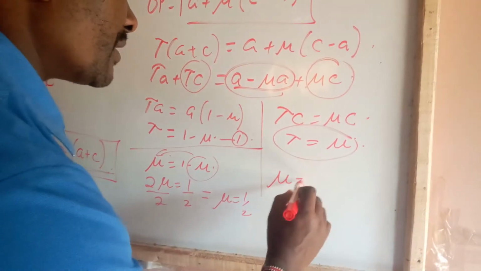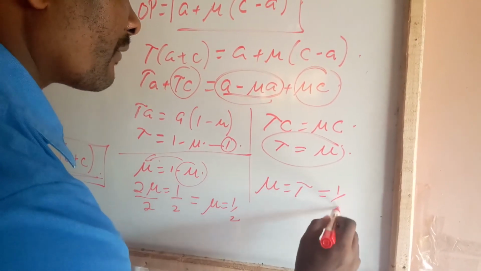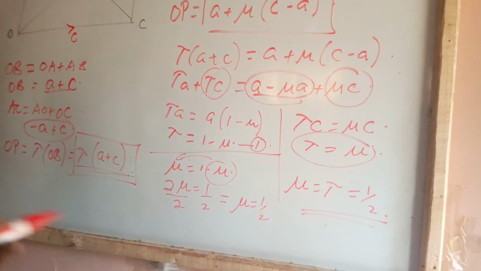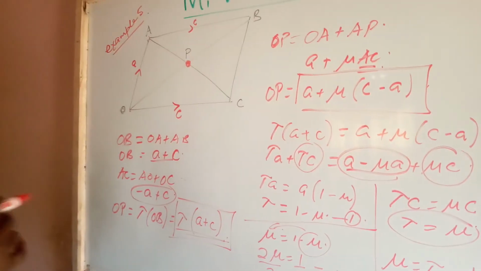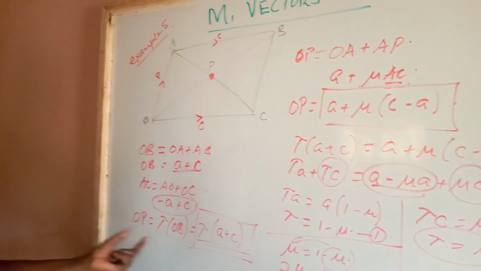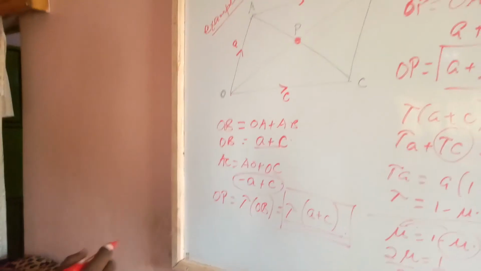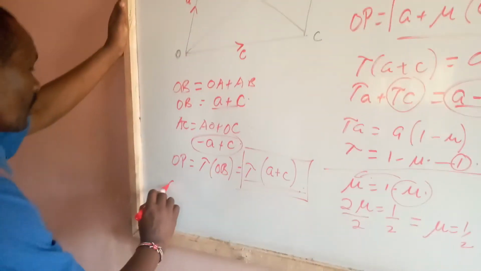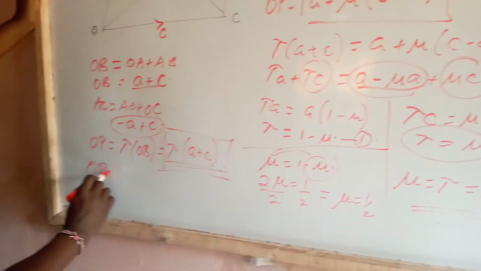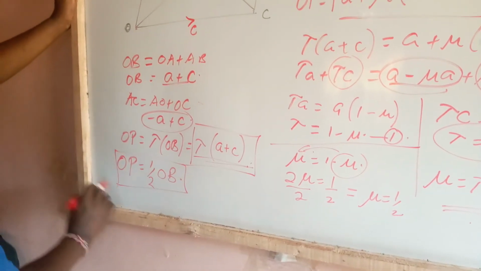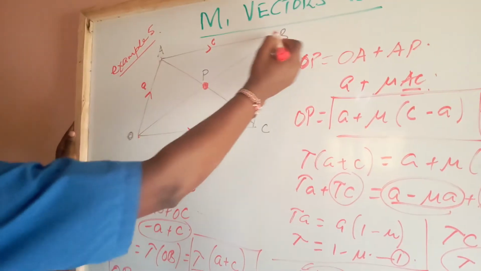So mu equals lambda, both of which equal a half. Going back to our original expression, we express OP in terms of OB. Substituting the value of lambda, OP equals a half OB. That shows very well that OP is a half of OB.